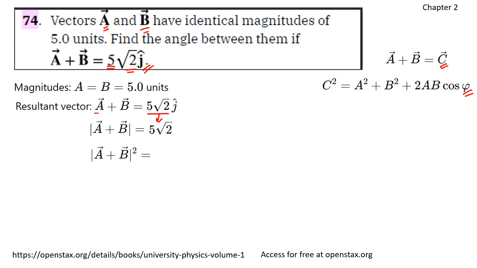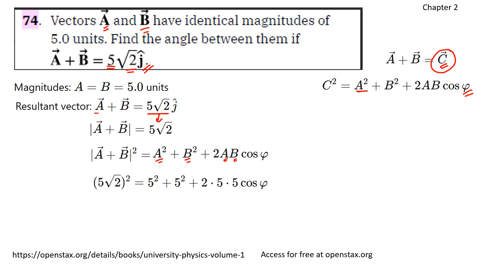So what is (A plus B) the whole square? That is this C squared, right? It is equal to A squared plus B squared plus 2AB cos phi. We know A and B, right? So A squared is 5 squared plus 5 squared plus 2 into 5 into 5 cos phi. What is on the left side?